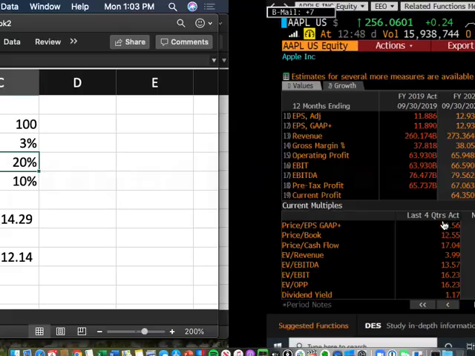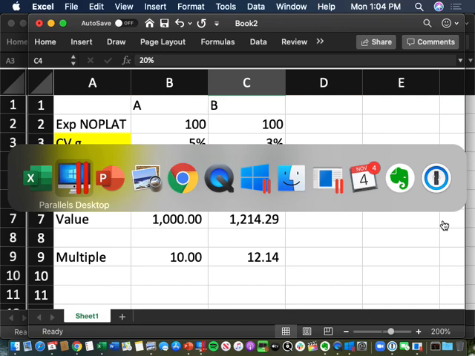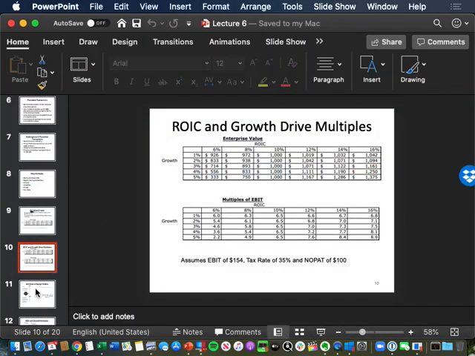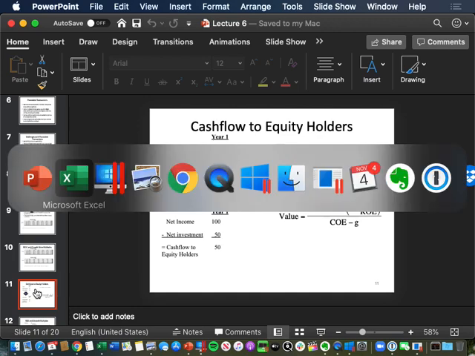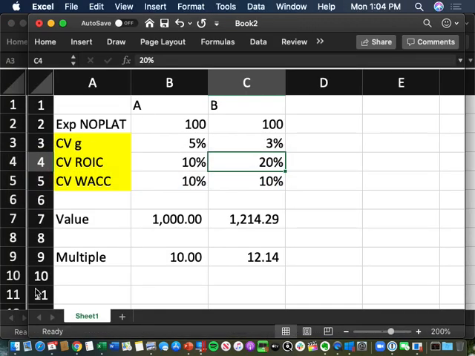Let's go back to our content. So we're going to get more into this after the midterm. But I wanted to at least talk about this today, which is return on equity, price to earnings multiples. So this was the key value driver equation that we talked about the first week of class.